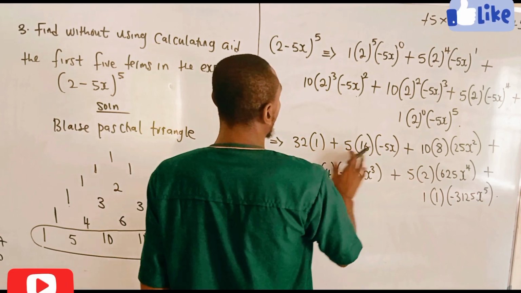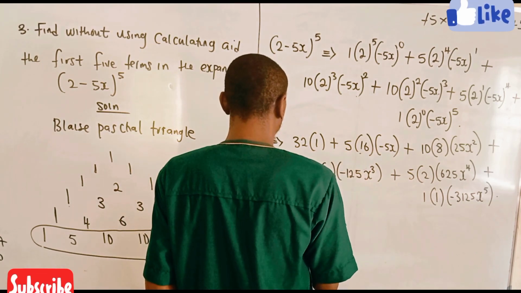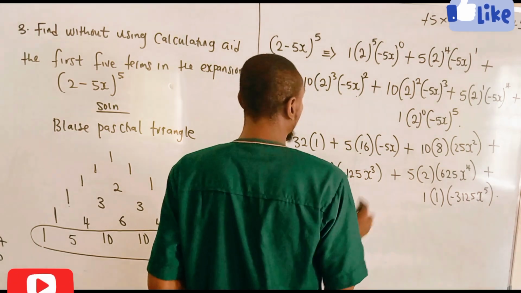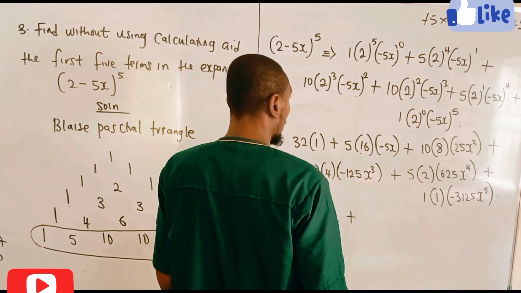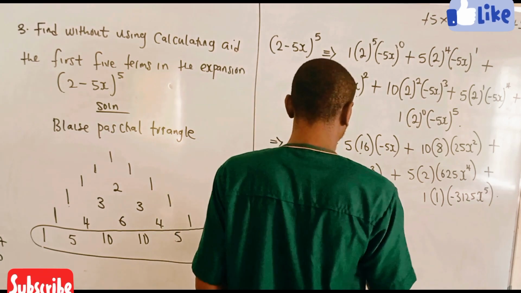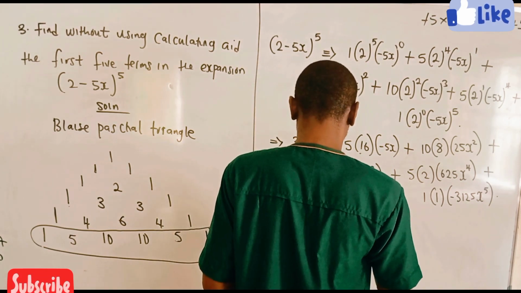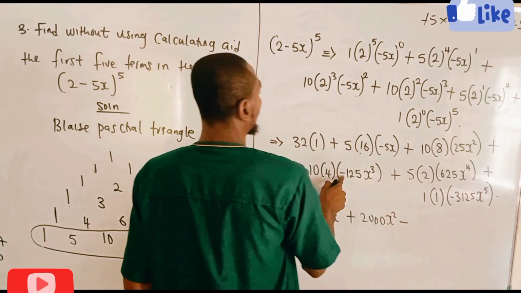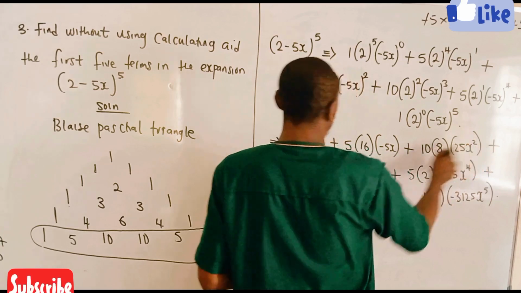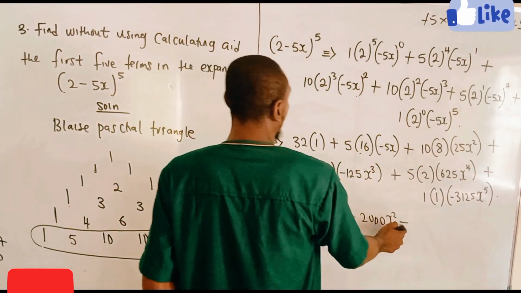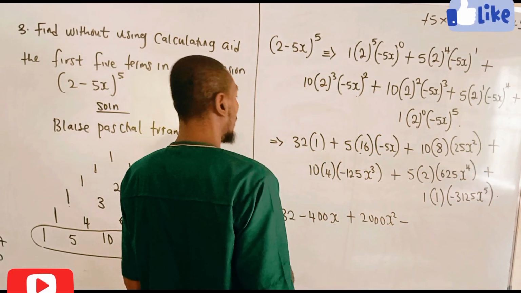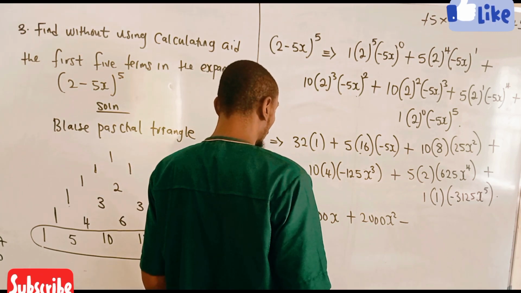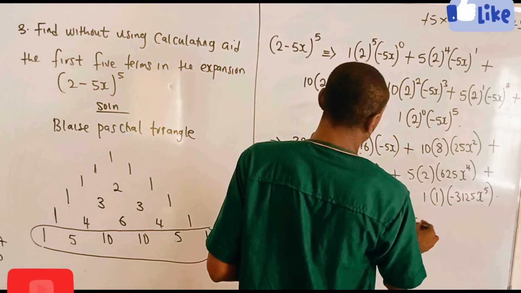So everything here will give us minus 400x. Then plus 10 times 8 is 80, multiplied by 25 is, we have 2000x squared. Minus, that's this plus here, by this plus here multiplied by this minus is going to give us a resultant sign of negative. So we have 10 times 4 is 40, then multiplied by 125 is 5000.